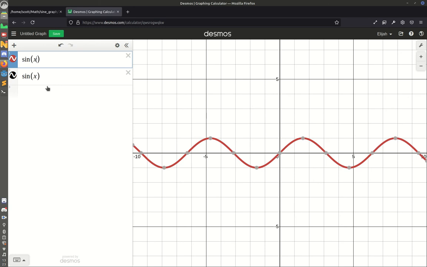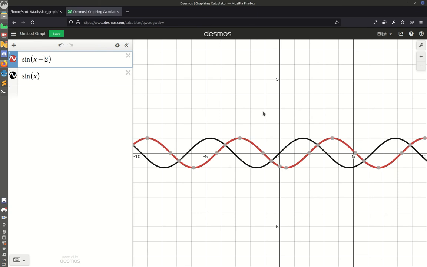So if we take x and add, say, 2 to it, suddenly it looks like our graph has kind of shifted over, right? If we made that 0 instead, see it's right here now, then add on 2, and now it looks like it's kind of shifted over that way. And if we were to make it negative 2 instead, see it looks like it's shifted over to the right.